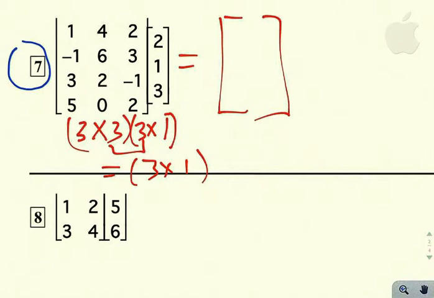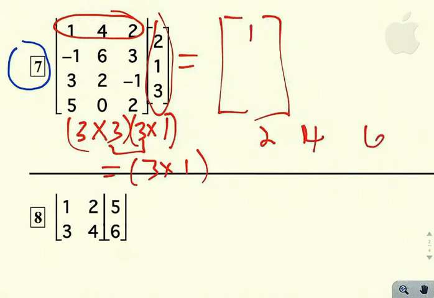Remember, you multiply rows by columns. Rows of the first matrix, columns by the second. So multiply that row and that column will give us the top number in our 3 by 1. Multiplying the first numbers, you get 2, the second number is 4, and the third number is 6.